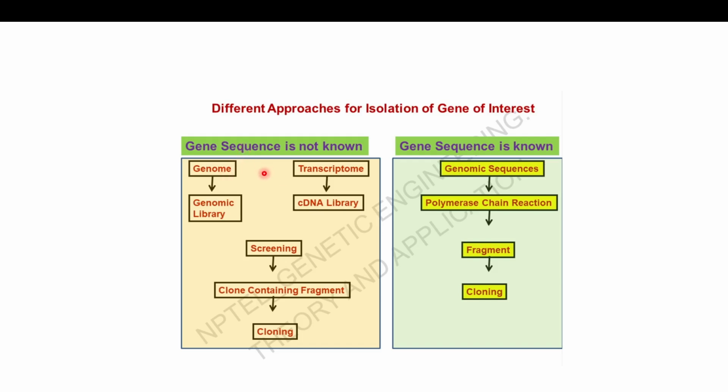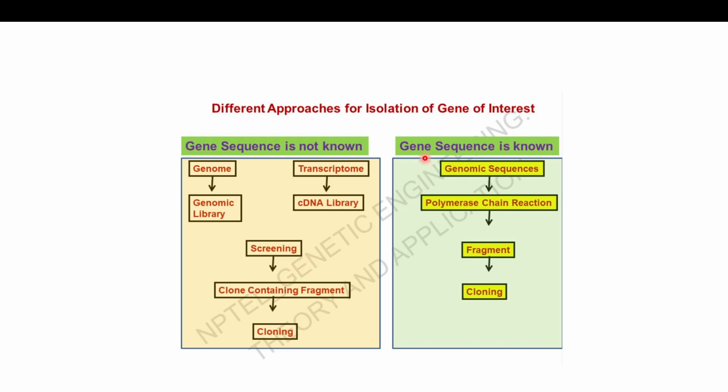In that scenario, you can use the genome to form a genomic library, or you can take the transcriptome, basically all the encoded RNA, and reverse transcribe it to form DNA, which is called complementary DNA. Then you screen it, and if that DNA is able to pass through some selective markers, which we will go through in the subsequent slides, you select your gene of interest.